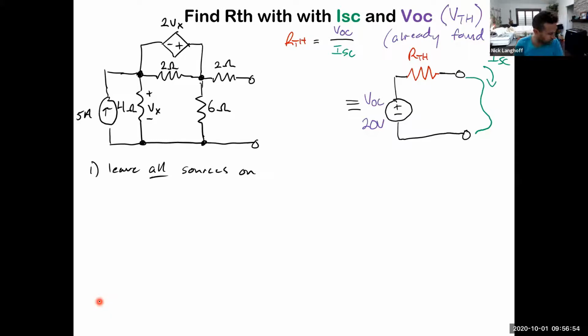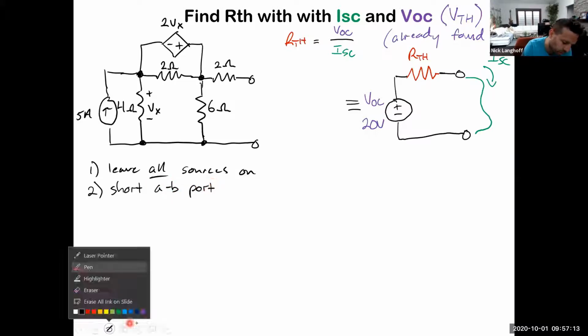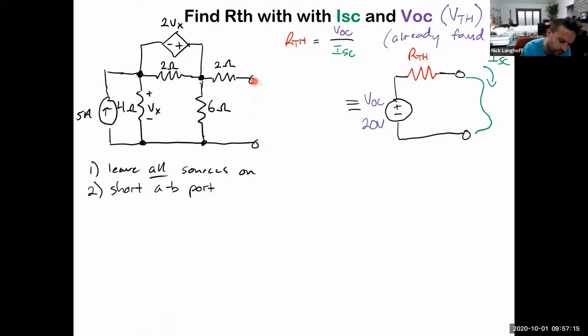Note the steps here. Step 1, we're going to leave all the sources on. You can see here that we've left the 5 amp current source on. Step 2, we're then going to short the port AB. So let's go ahead and do that now. I draw that as a curly wire because it reminds me that it's not a regular circuit wire.